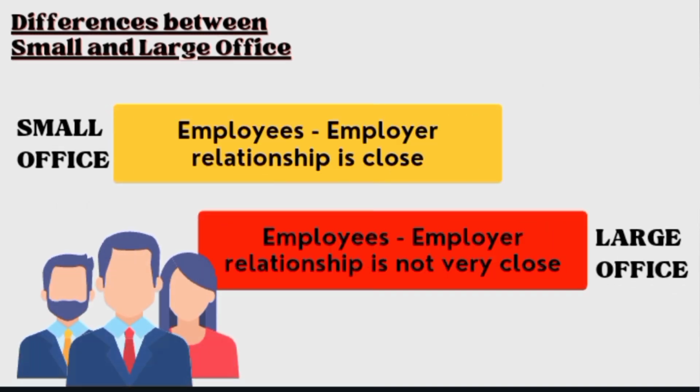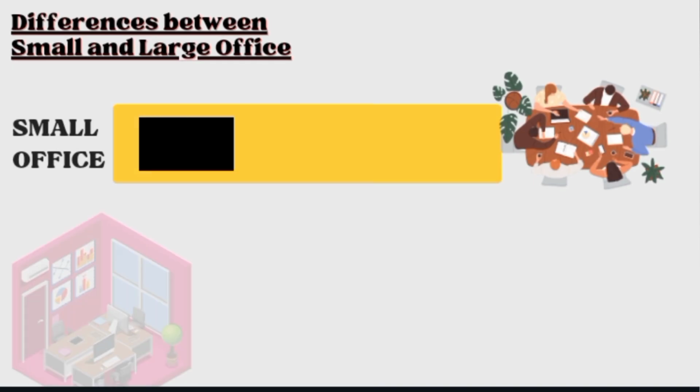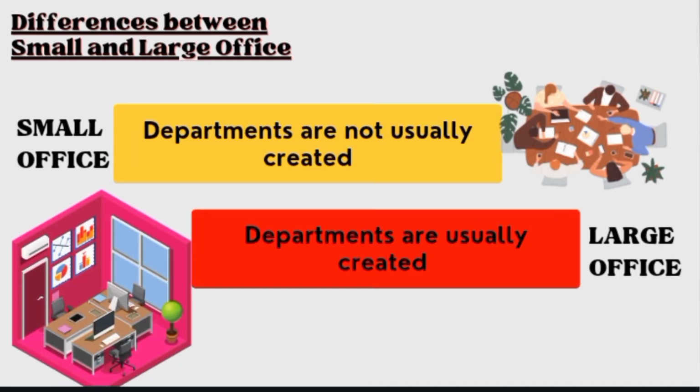In a small office also, there is a close relationship between the employees and the employer, while in a large office, the relationship between the employees and the employer is not very close. And then lastly, departments are not usually created in a small office, but in a large office there are usually different departments. So these are some of the differences between the small office and the large office.